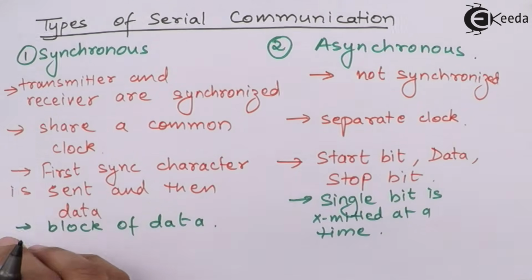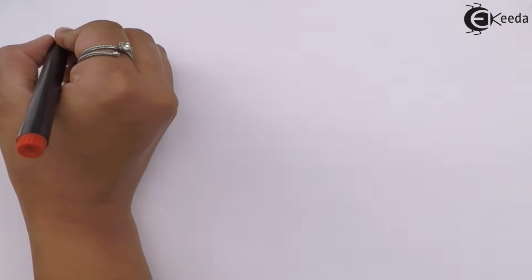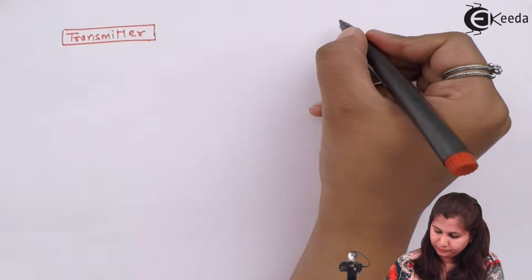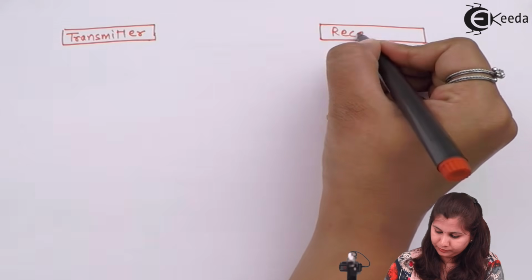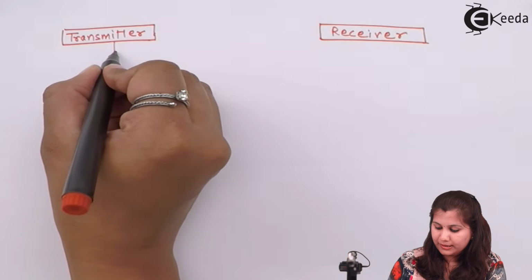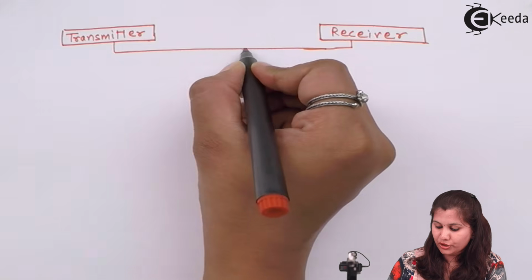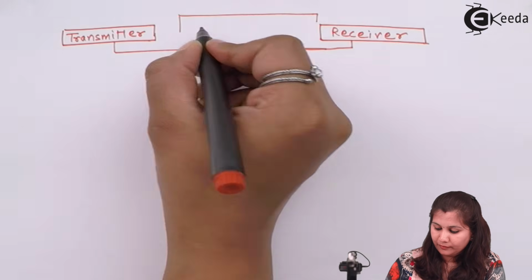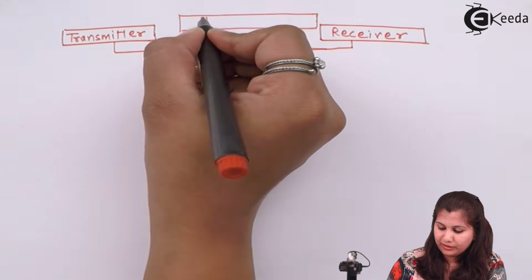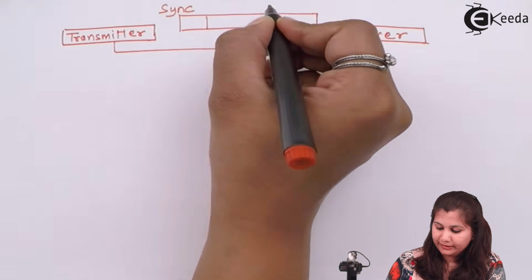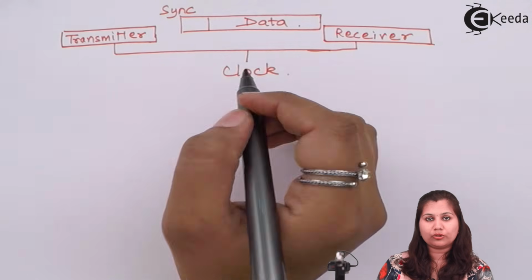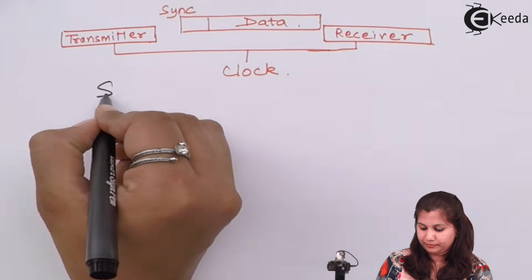Now if we represent it diagrammatically, this is the transmitter and receiver sharing the same clock, and we have the data, in which first we have the sync character and then the data. This is synchronous serial communication.